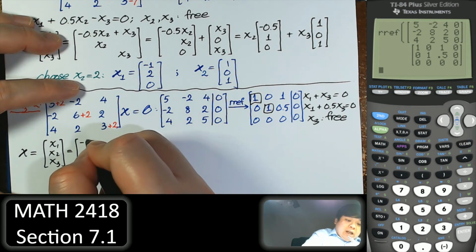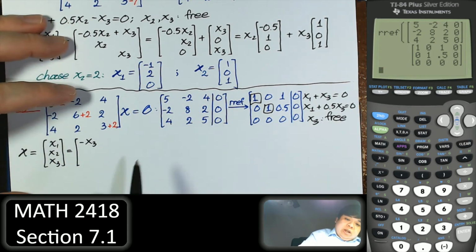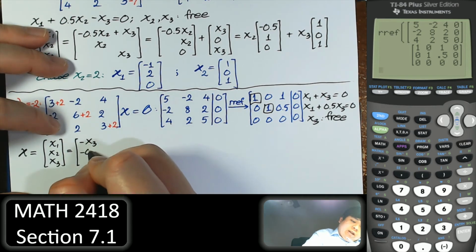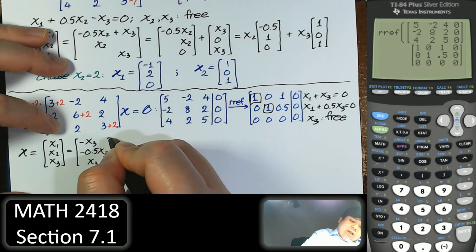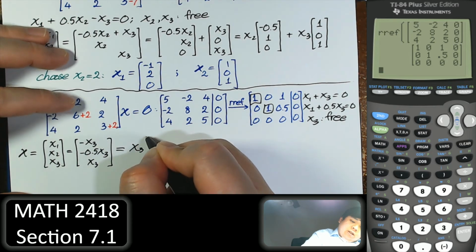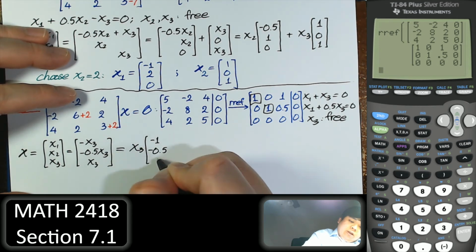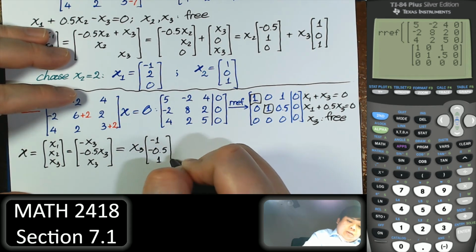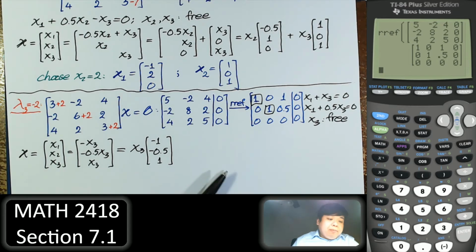When we have something like this, what should we do? So x1 is negative x3 and x1 is negative 0.5 x3. x3 is free, and factor out x3: (-1, -0.5, 1). Right.